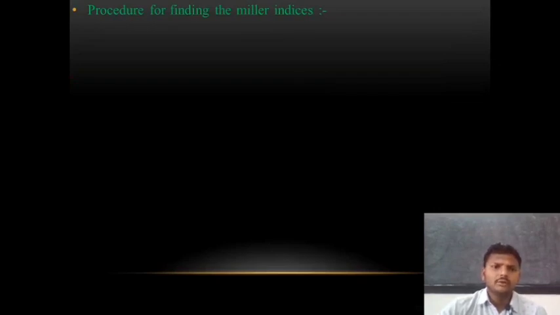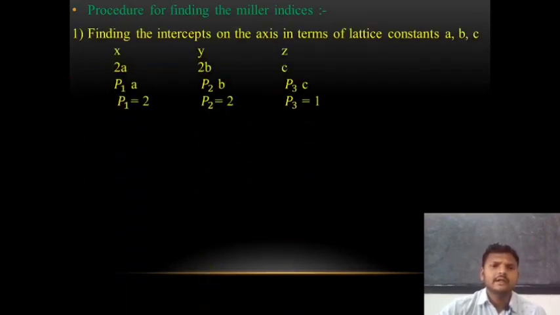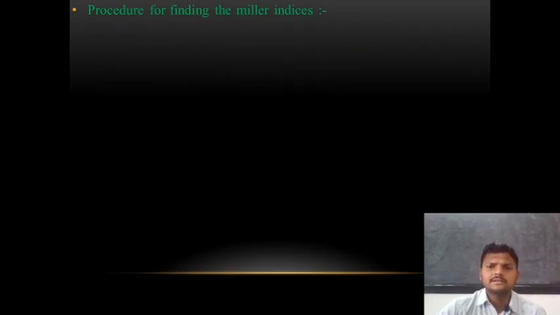So how do we find the Miller indices? The procedure is as follows. First, find the intercepts on the axes in terms of the lattice constants a, b, c.